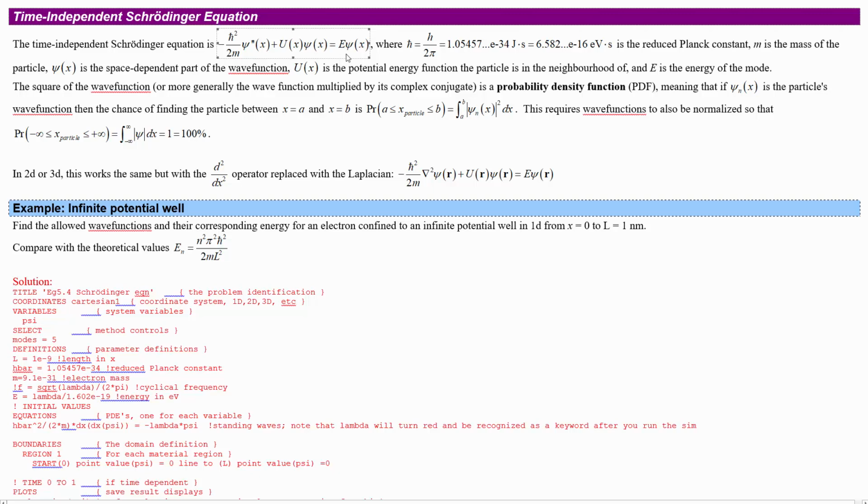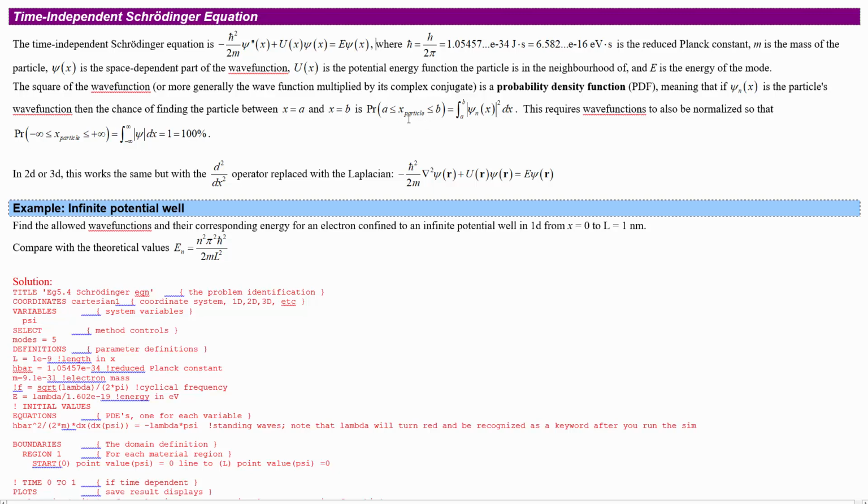This quantization idea is one of the big ideas of quantum mechanics, and in fact, this is where the name quantum mechanics comes from, the fact that energy is quantized here, and the allowed wave functions are quantized too. There's only certain allowed wave functions that this particle could occupy. The wave function tells you the probability that the particle exists between two given points.